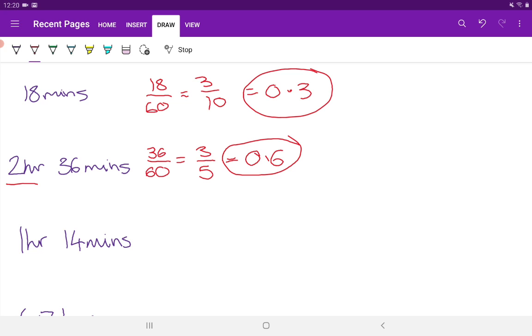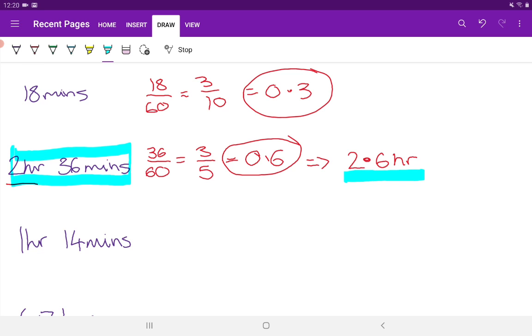We get 0.6, and that's something that we could use in a calculation as well. But remember, that's only the 36 minutes part. We need to deal with the 2 hours as well. So 2 hours 36 minutes is going to be 2.6 hours. So if we were using this time in a speed distance time calculation, we're going to use 2.6 hours.